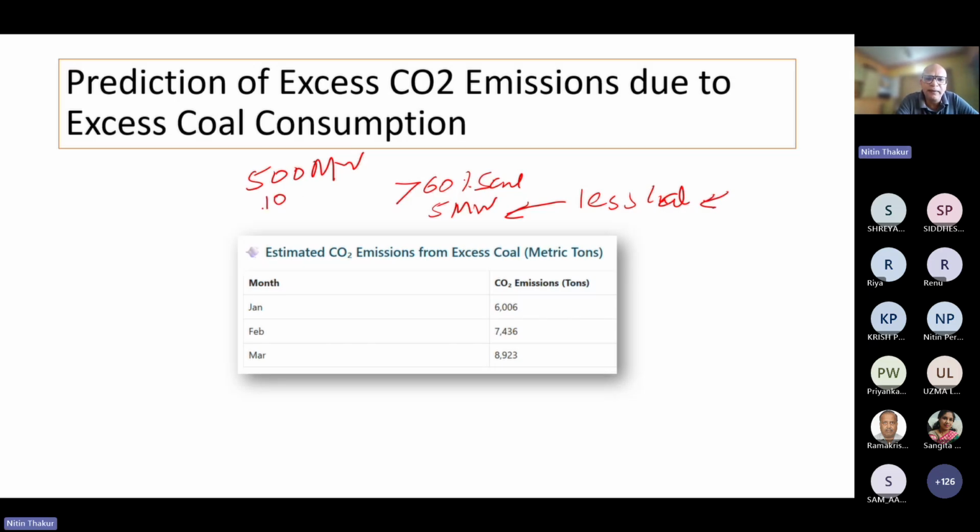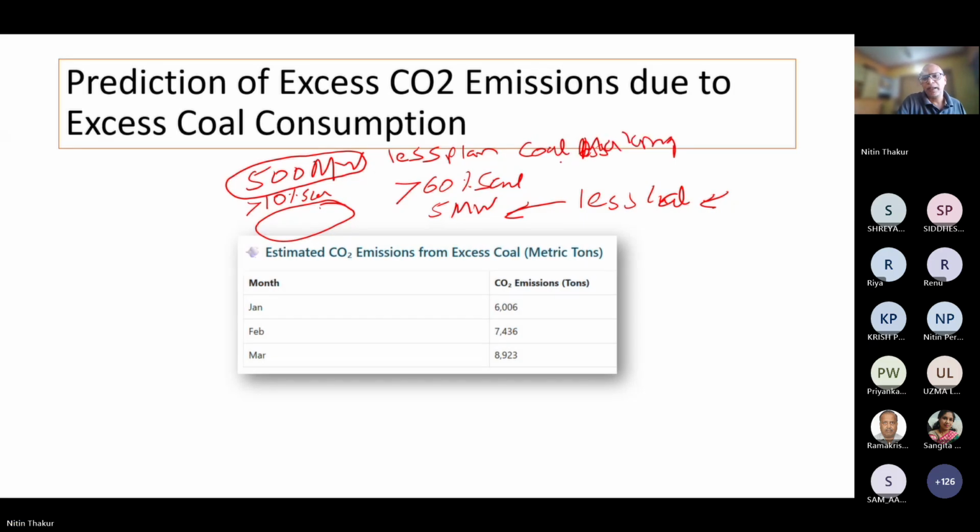Anything that is greater than 10% scaling, I will run it at a maximum capacity. This way, they are able to make 500 megawatt with the best possible plan for less coal consumption, making more profit, and at the same time doing less CO2 emission.